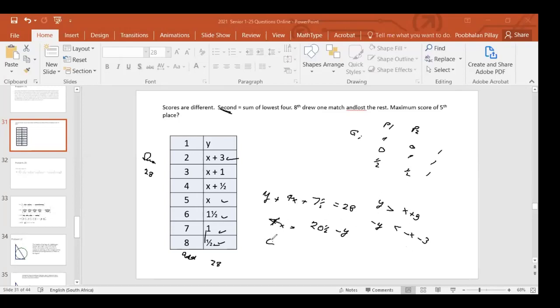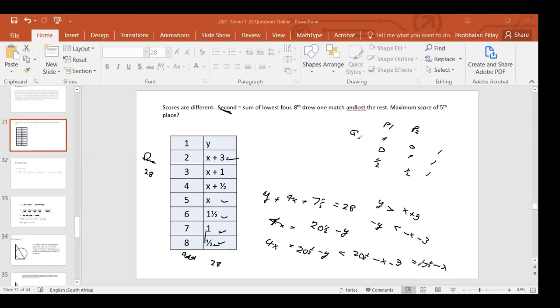So 4x equals 20.5 minus y, and that is less than 20.5 minus x minus 3, since minus y is less than that. So that gives you 17.5 minus x.